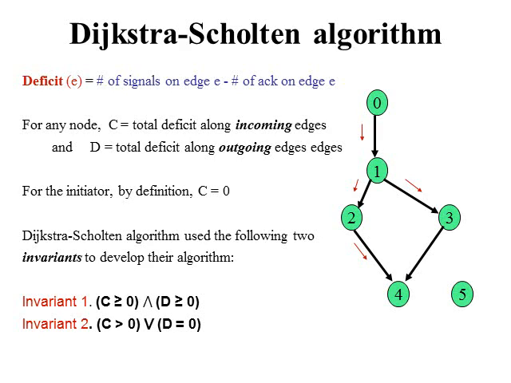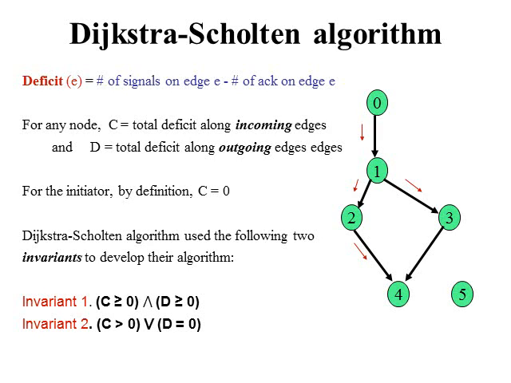The number of acknowledgements received along an edge is never going to exceed the number of signals that were sent along that edge. That is why the value of C is always greater than or equal to 0, and the value of D is always greater than or equal to 0. So the deficit along either an incoming edge or an outgoing edge is always a non-negative integer. And that's how we get the first invariant.